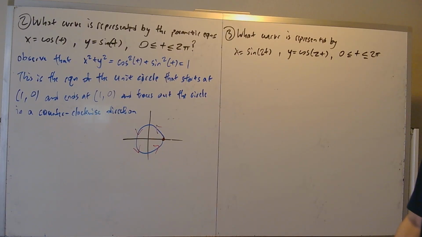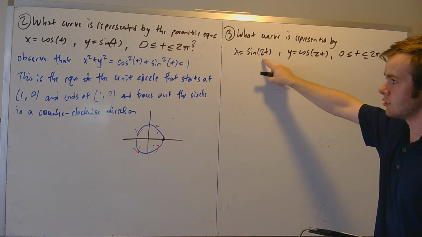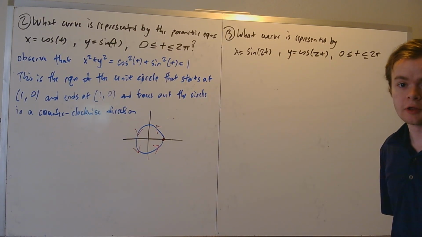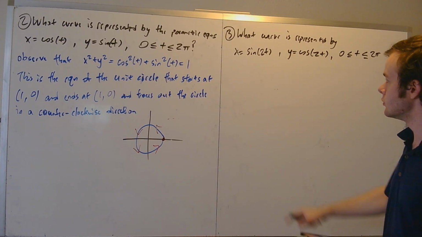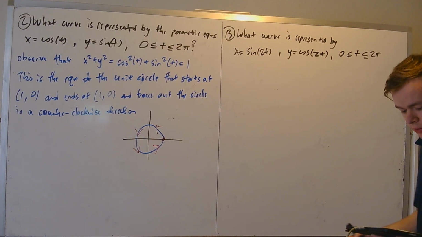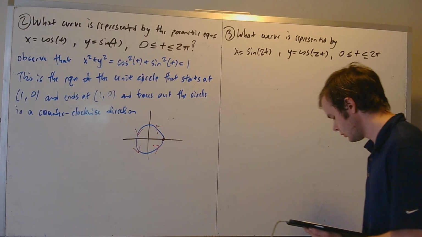So notice here there's two things that are different, not just one thing. So immediately it's obvious that the angles are different, right? Because the angles are now 2t instead of t. But also, it looks like we flipped around the sine and the cosine. So let's go ahead and double check.